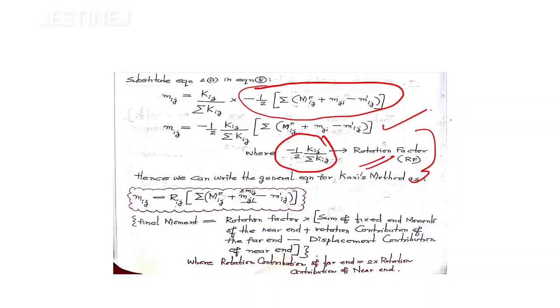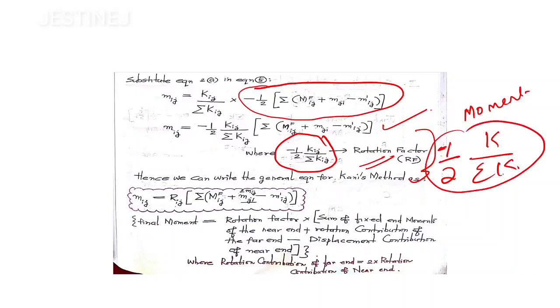Already we know that in the moment distribution method, the distribution factor is K by sigma K, and here we multiply by minus 1 by 2. That is the only difference: minus half multiplied by K by sigma K. So you can represent this equation again in this format, with the rotation factor represented by Rij, then sigma of MFij plus Mji minus M dash ij.